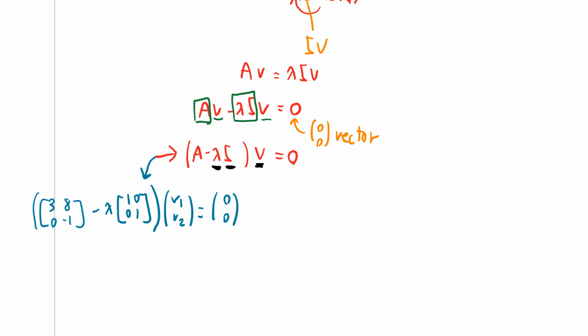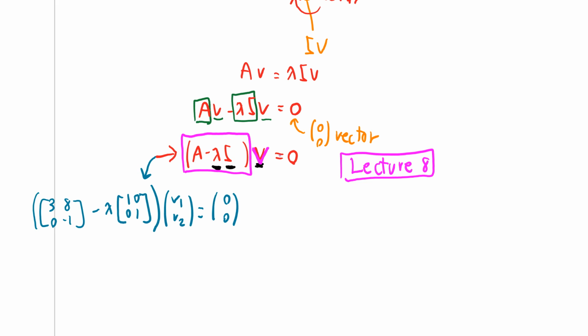So, what do we do from here? In case you don't remember, I'm going to ask you to go back and look at lecture 8. We see from back then that whenever this has a solution, there's one thing that needs to happen. When I multiply a matrix by a vector V, which is not a zero vector, my eigenvector, I don't want the result to be a zero vector.